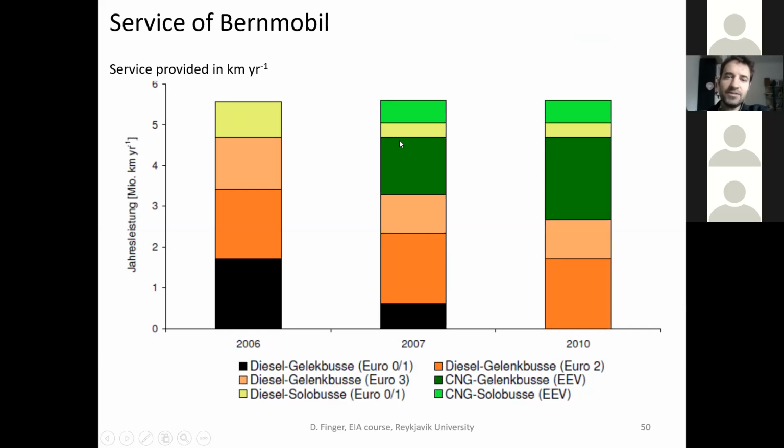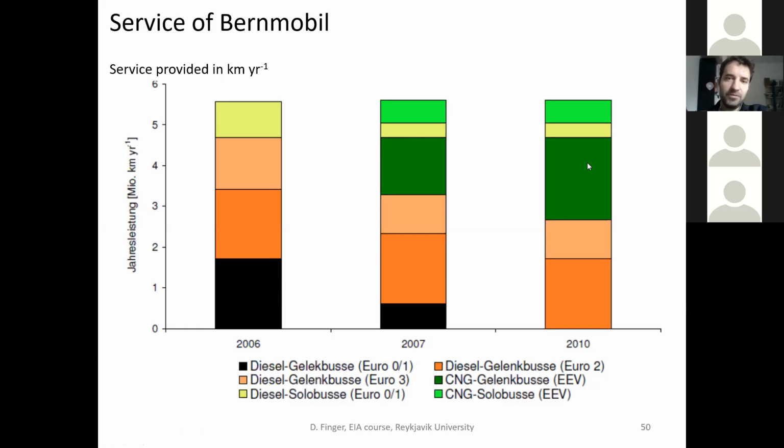This is where our post-monitoring came into place, because before the city replaced further buses, they wanted a post-monitoring of the environmental impacts of replacing some of the diesel buses with natural gas buses, before replacing the remaining fleet, or part of it, with further natural gas or biogas buses.